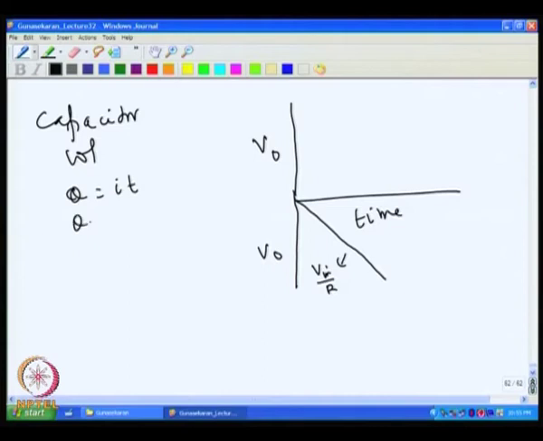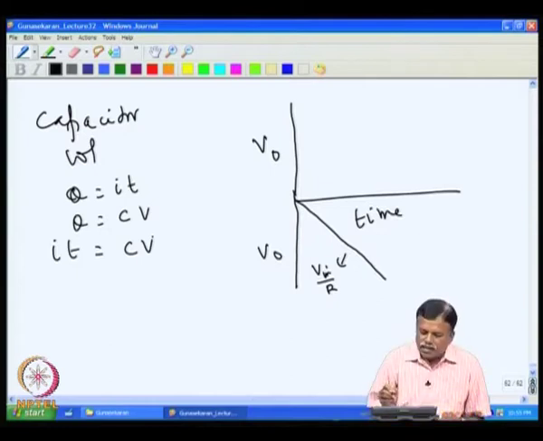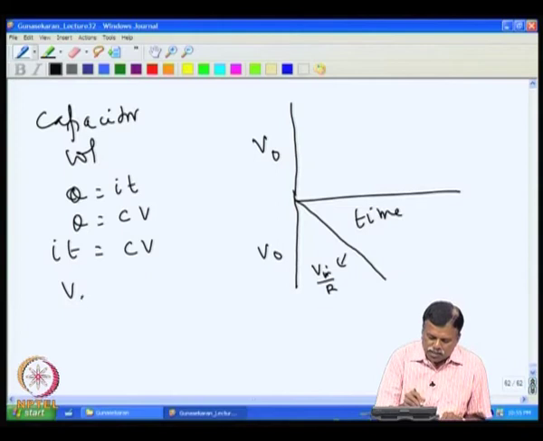Also Q is equal to CV. So we can write IT equal to CV and find the capacitor voltage. So the capacitor voltage or output voltage is given by IT divided by C.